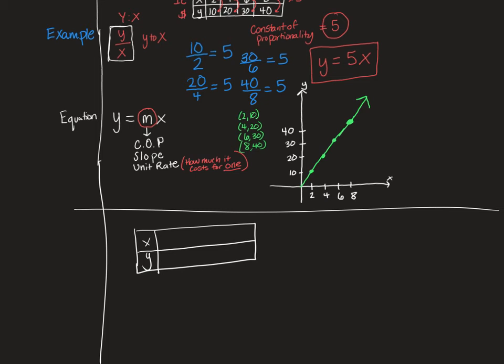And the top numbers are 1, 3, 5, 7. And the next numbers are 3, 7, 11, and 15.